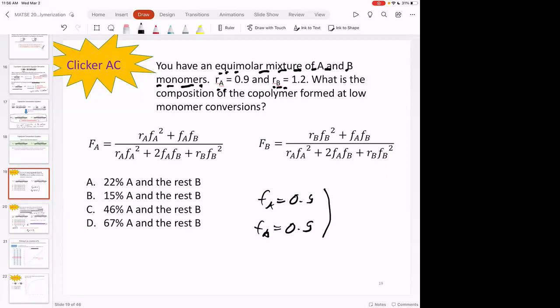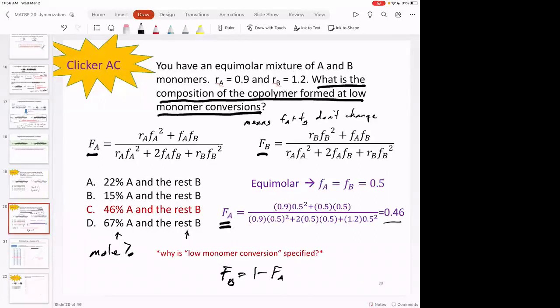B. And that's exactly what we calculated right here. So we get FB equals 0.54, and we say that the polymer is enriched in B. The polymer is enriched in B.